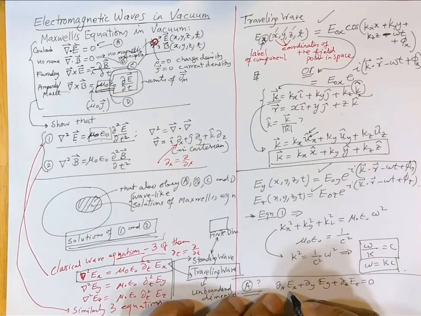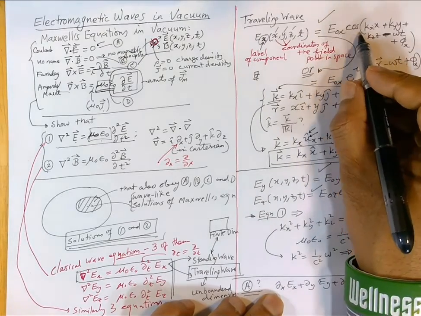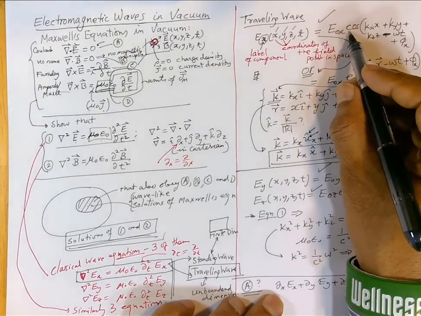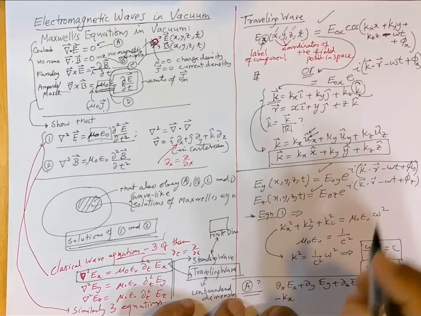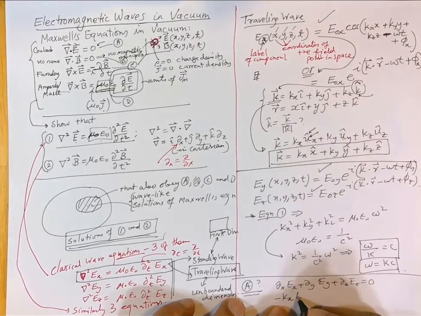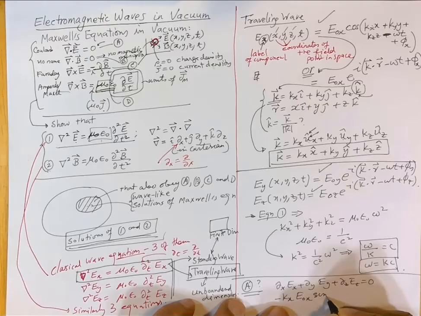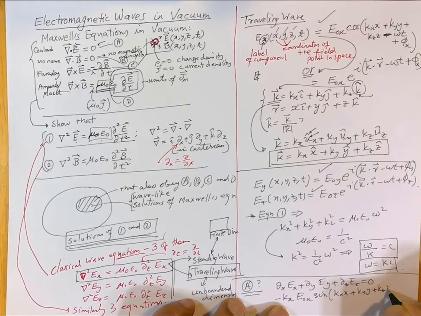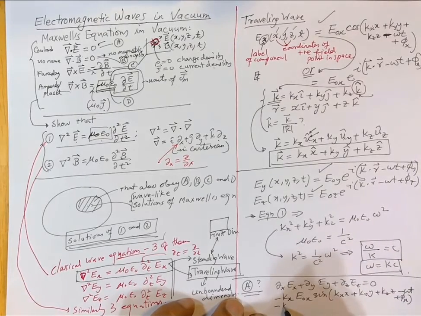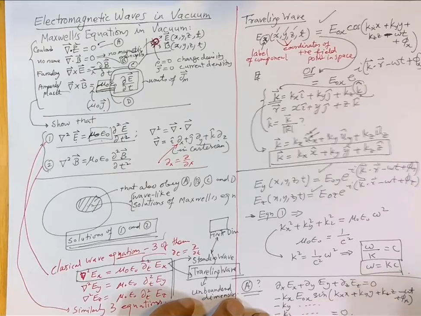So take an x derivative of this, kx will come out with a minus sign, and cosine becomes sine: minus kx E0x sine of (kx x plus ky y plus kz z minus omega t plus phi x), minus ky, and similar thing for kz but not the same, that equals 0.